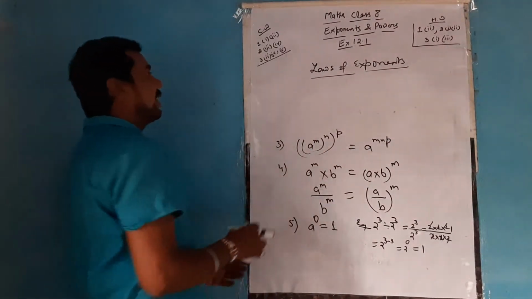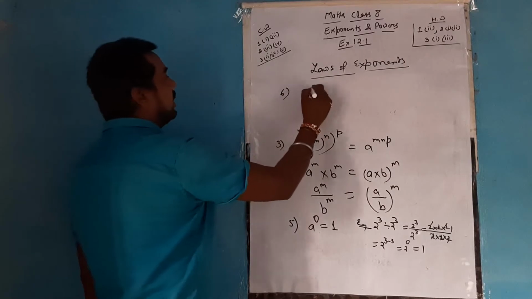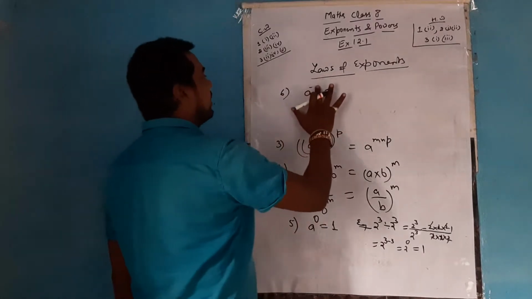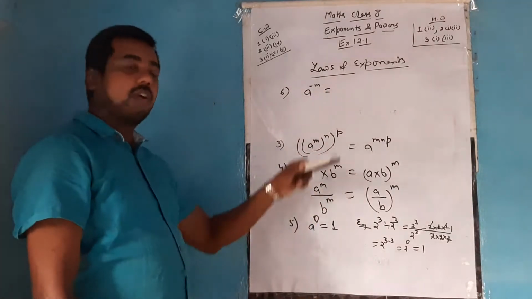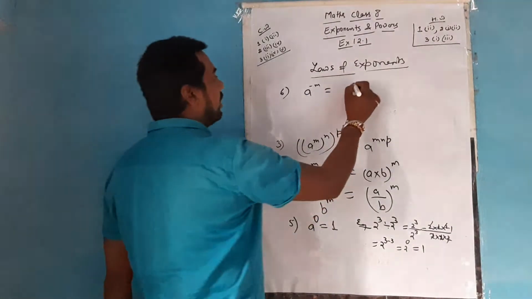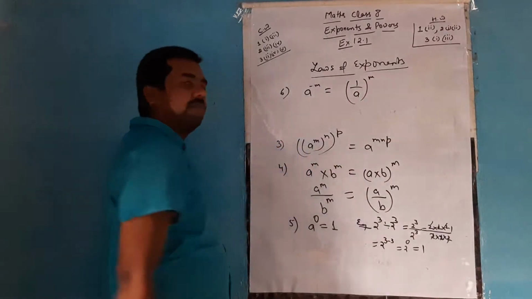Sixth law is there on the same, that when you are having the negative power, any number to the power negative, like a to the power minus m is there. So whenever any base is having a negative power, we only have to make the reciprocal of the base keeping the same power. So that becomes 1 by a to the power m.